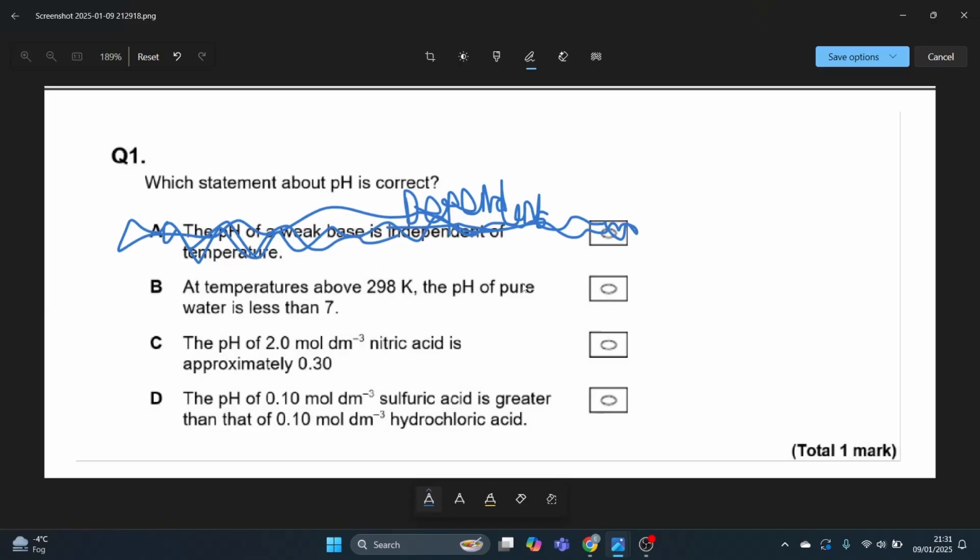At temperatures above 298 Kelvin, the pH of pure water is less than 7.